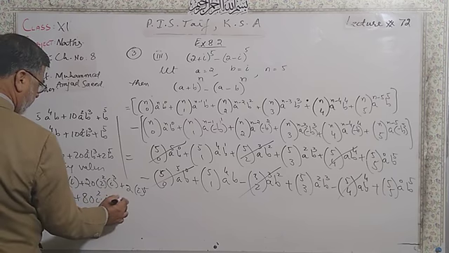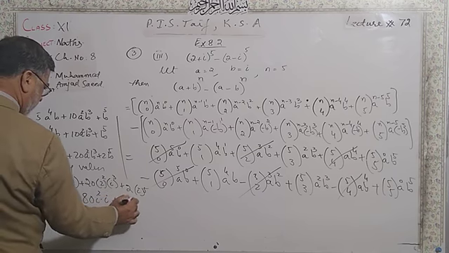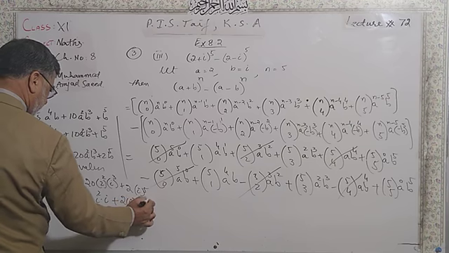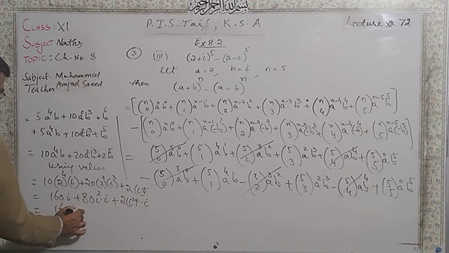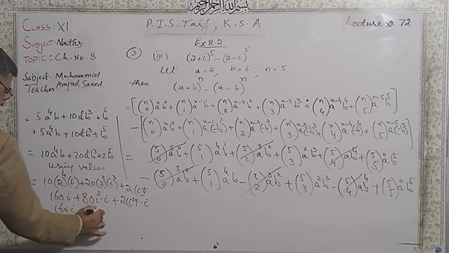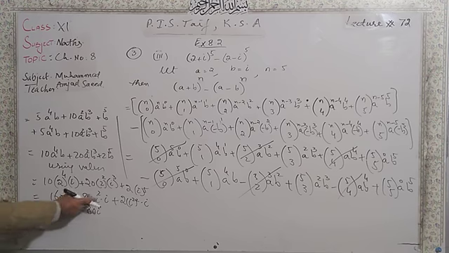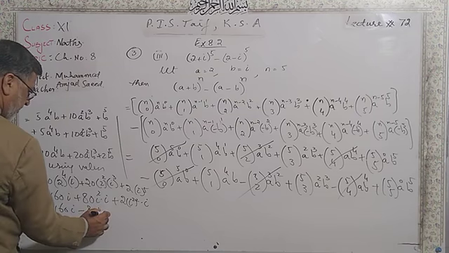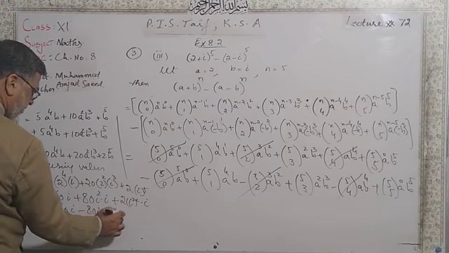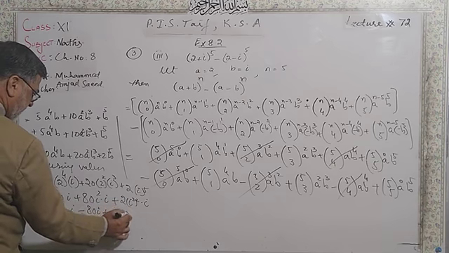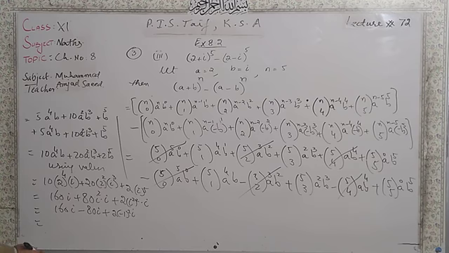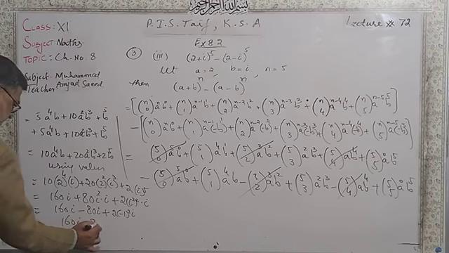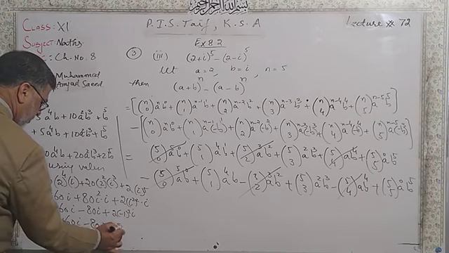Then 2 (iota square) whole square into iota. 160 iota minus 80 iota, because iota square is minus 1. Then plus 2 (iota square) whole square is minus 1 square into iota. It will be 160 iota minus 80 iota plus 2 iota.